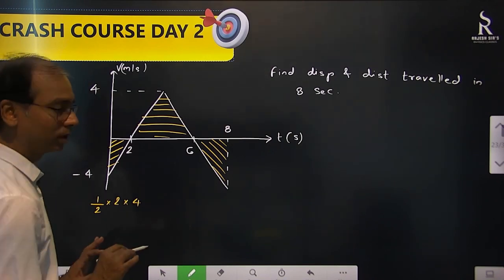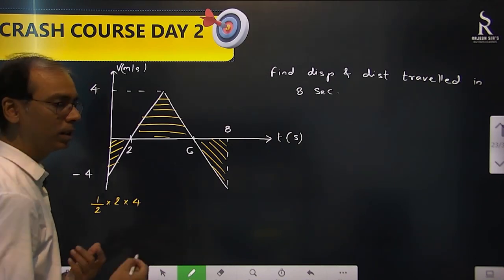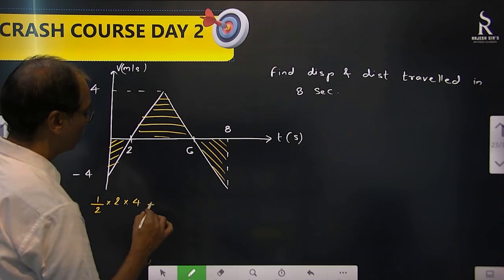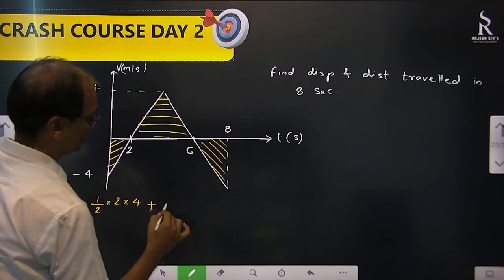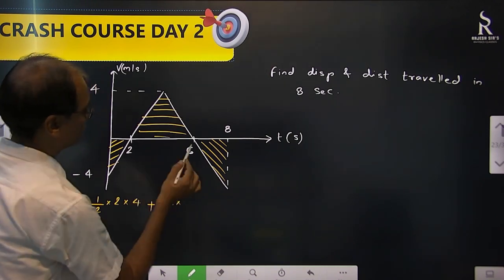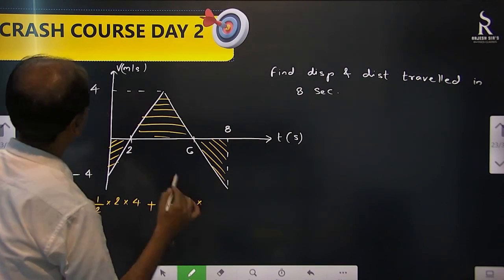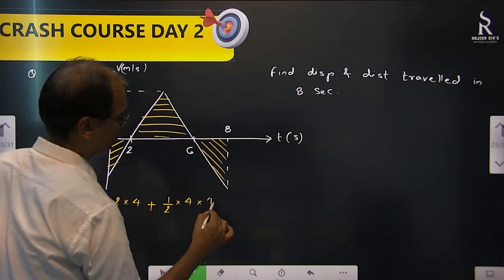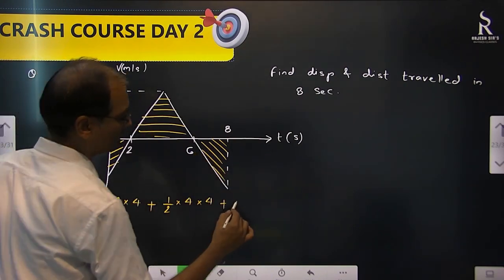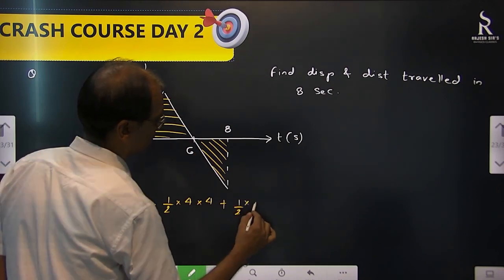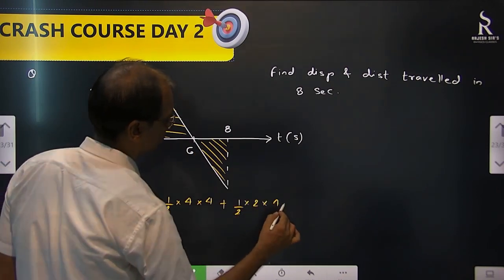Okay, I am taking everything positive at the moment. For displacement, we will take negative. Okay, plus here also half, base 4, height 4, plus this one now, half, base is 2, height is 4.